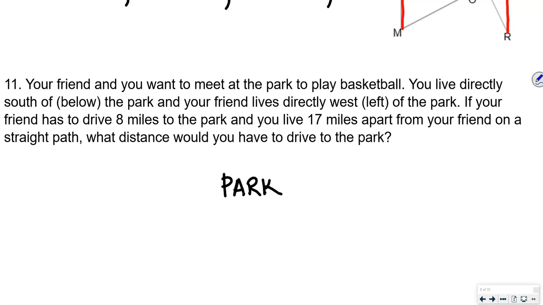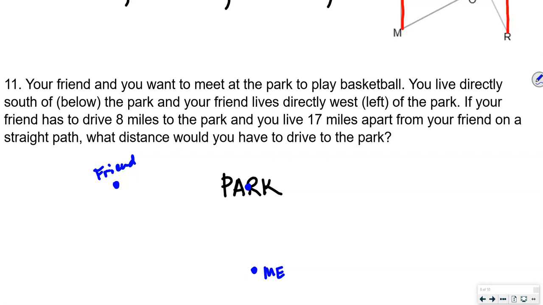And we're just going to assume we're going to the center of it, okay? It says that I live basically south, right? South of the park, right? So this is me, okay? And my friend lives where? West. So that means I'm going left, okay? So this is my friend. So when you do a problem like this, y'all should read, draw.